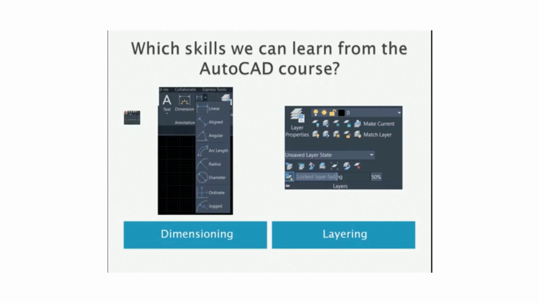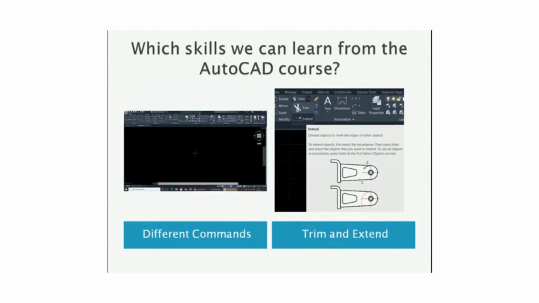The next one is different commands of AutoCAD. There are lots of commands in AutoCAD and they are very easy, but you have to do the AutoCAD course and you can learn all the commands of AutoCAD. The next one is trim and extend. We can learn what is trim, what is extend, how to use the trim command, how to use the extend command, why we are using these commands, and many more.